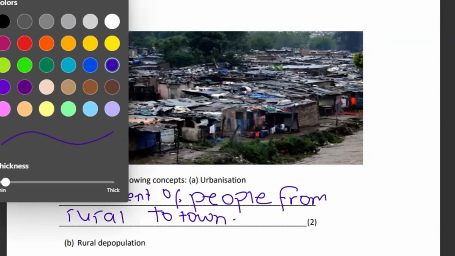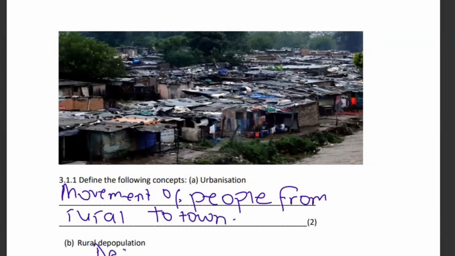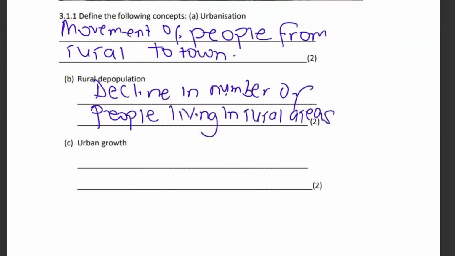When you talk about rural depopulation, it is the decline in number of people living in rural areas. That is depopulation.